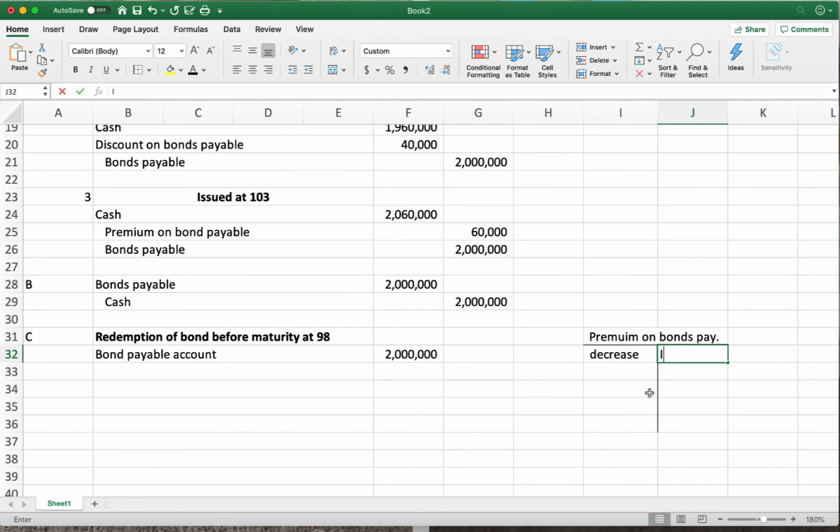A credit increases. We need to get rid of that balance, right? So premium on bonds payable, if I increase it with a credit, the normal balance side must be the credit. So it has a credit balance of $9,000. I need to get rid of that, so I have to debit that account. So I'm going to debit it for $9,000. We have now done step one. We have eliminated the carrying value.